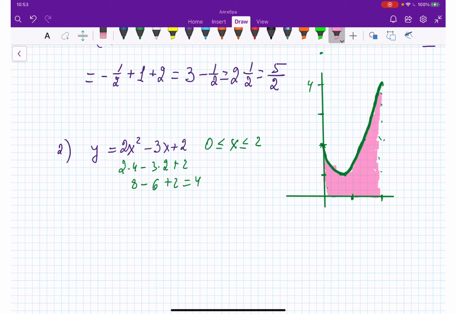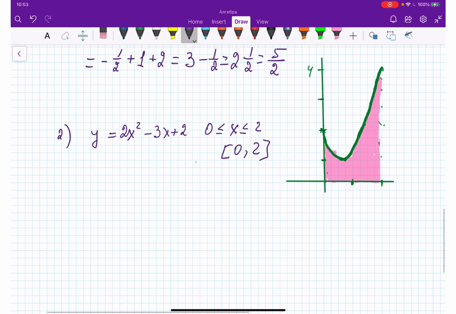So this is what we need to find out, the area. Let's start working. Or I can write down also 0 and 2, right? Either way.